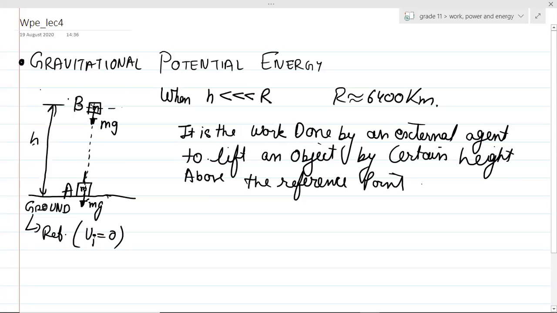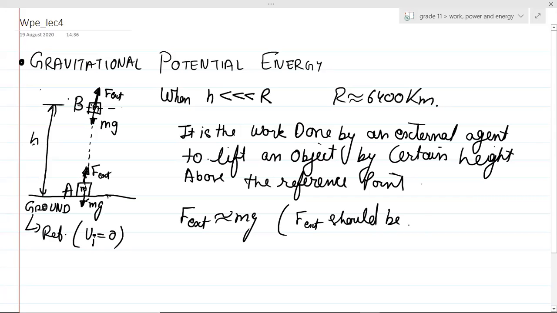So for that, I'll apply an external force. This external force shall be approximately equal to mg, slightly greater.